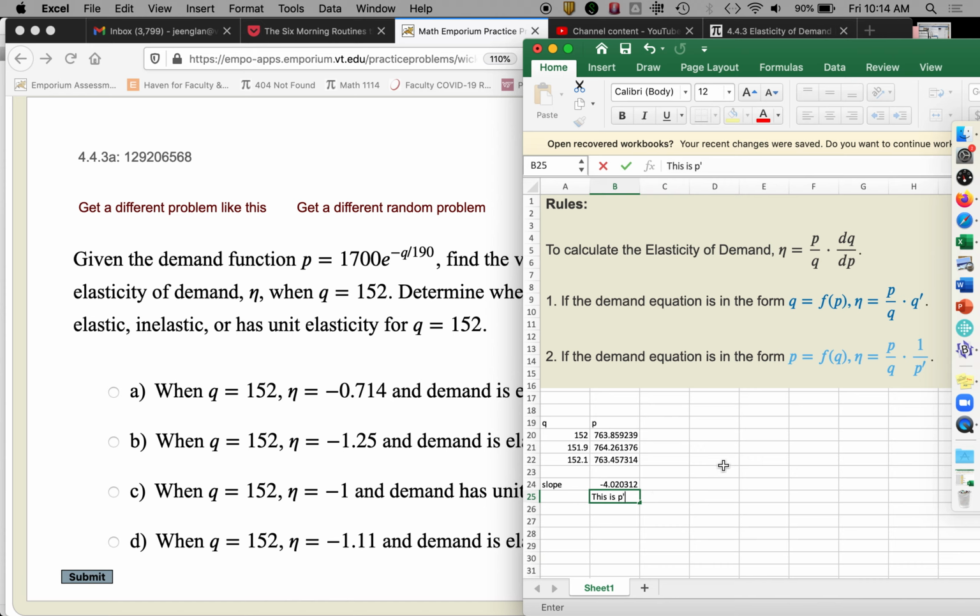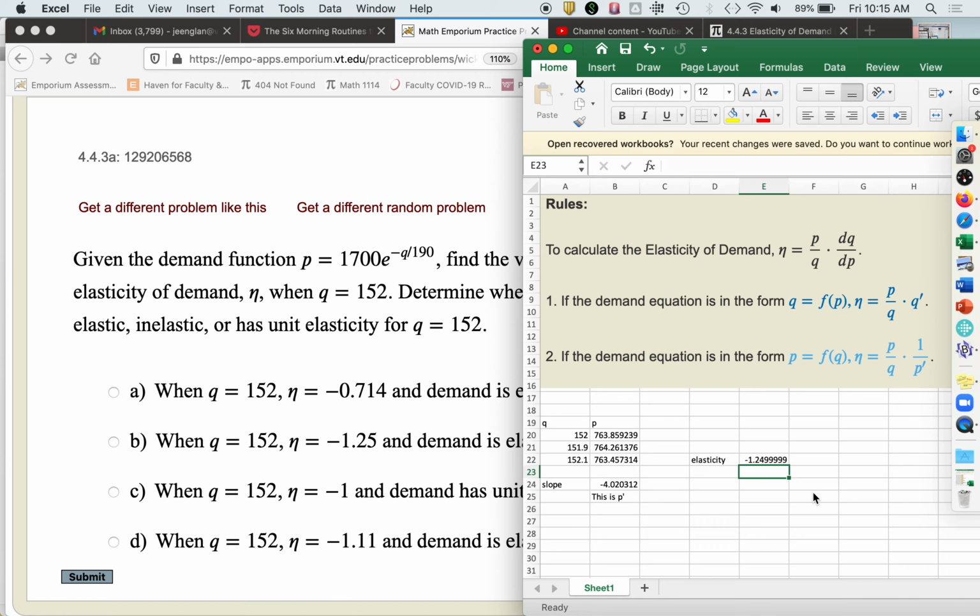Okay, so now I'm ready to calculate eta. So the elasticity is going to equal, I need the P value when Q is 152, so that's 763.85, etc., divided by the Q value, which is exactly 152, and then times 1 divided by P prime, and that was the negative 4.0203, etc. Okay, so hopefully this is going to tell us our elasticity.